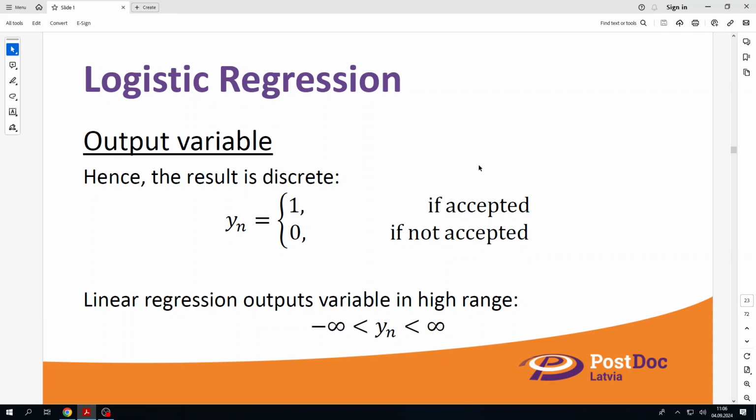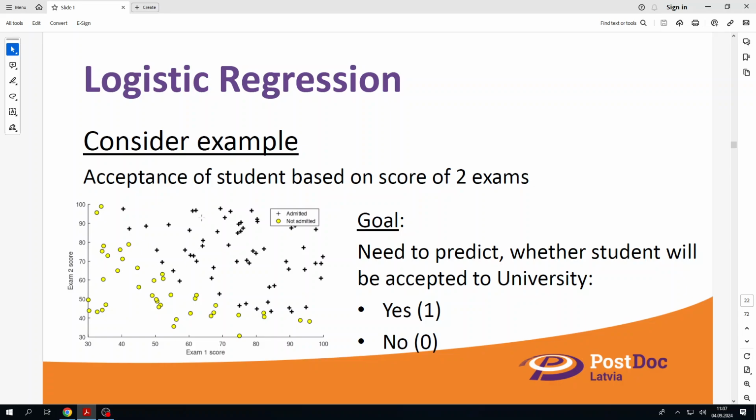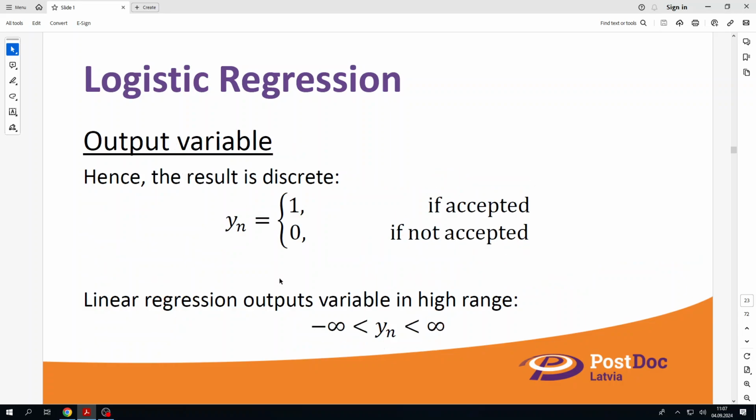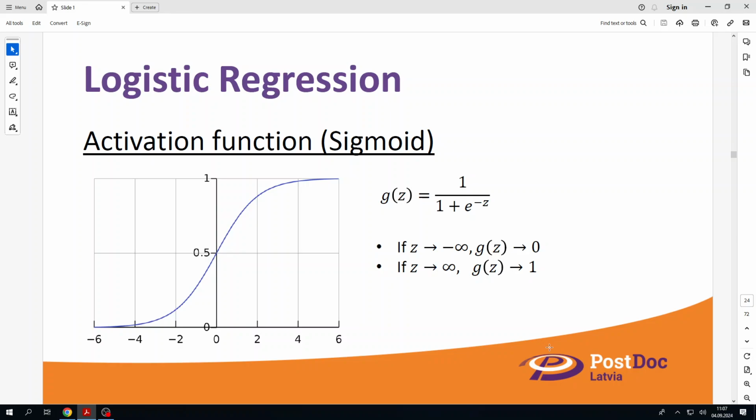In this particular case, however, it's not a range, it's just a set of numbers, 1, 0, etc. Yes? So we need somehow to convert this result, because our function, which we try to display here, is going to have a range from minus infinity to plus infinity. And we need to compress this range into a range from 0 to 1.